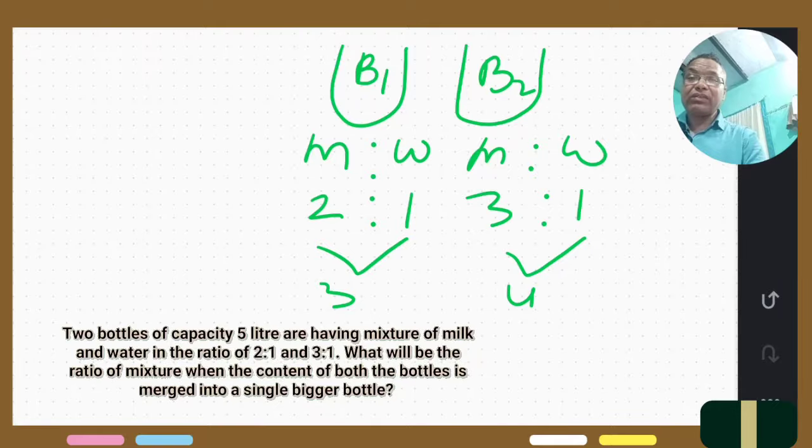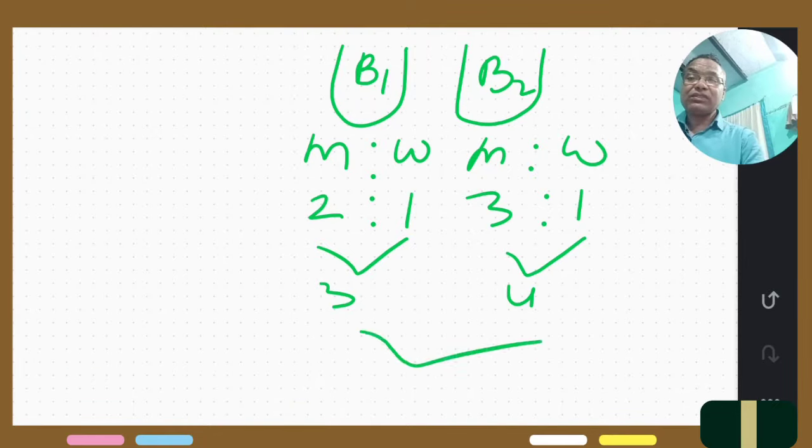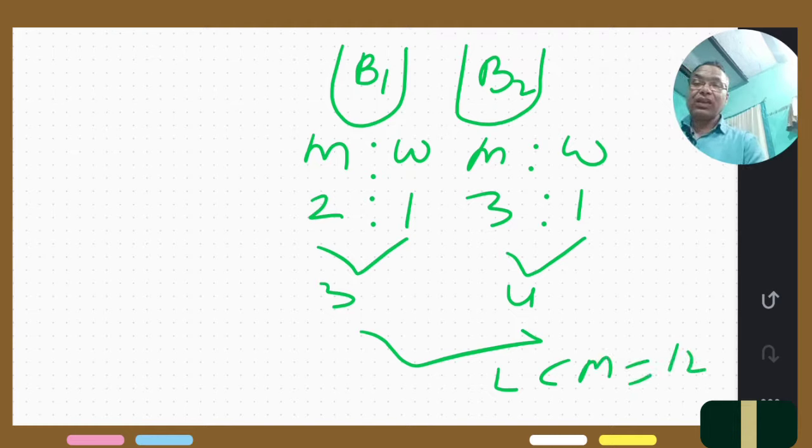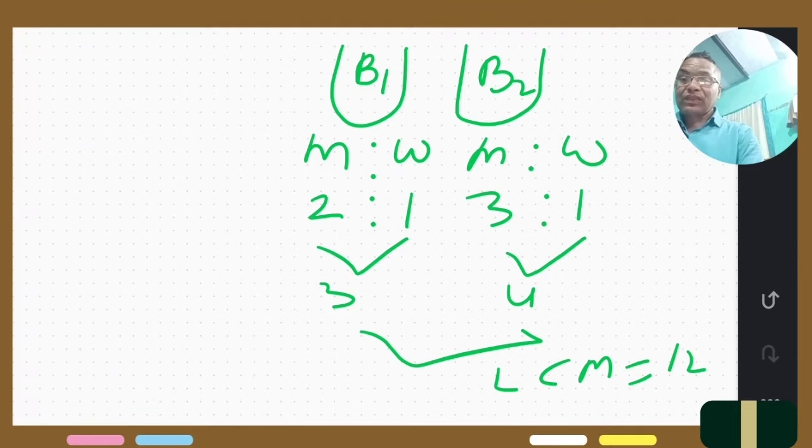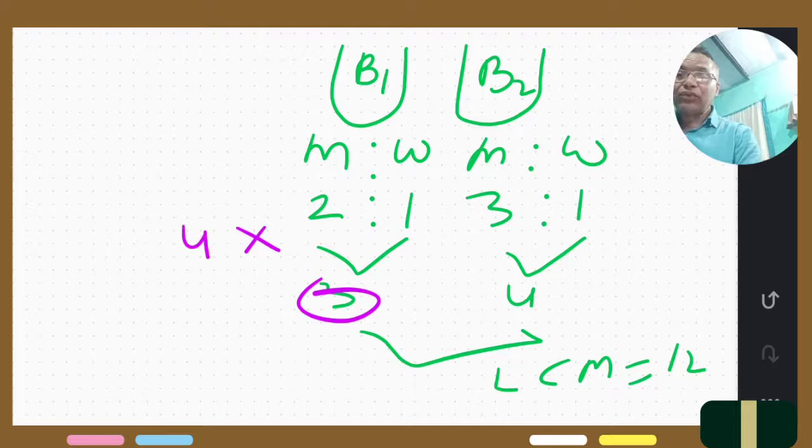Again we have to take the LCM of 3 and 4. So this comes 12. Now if I divide 12 by 3, I get multiplier factor 4.